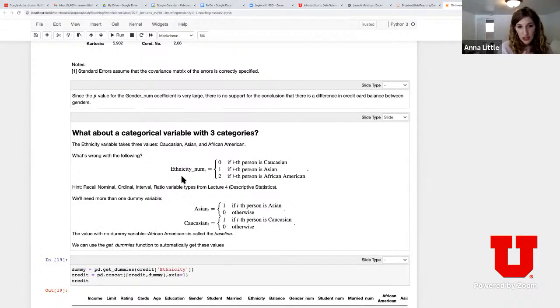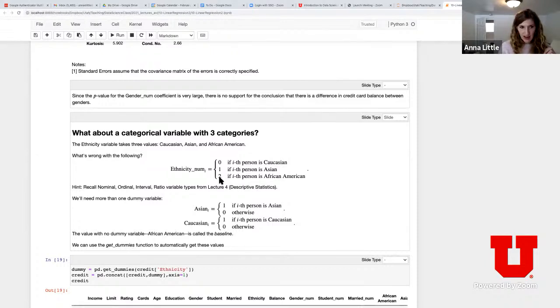So the general procedure is that you need 2 dummy variables to encode a categorical variable with 3 values. Here, ethnicity has 3 different values: Caucasian, Asian, African American. You do not want to say 0, 1, and 2.